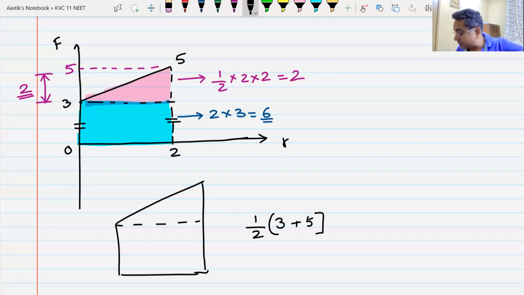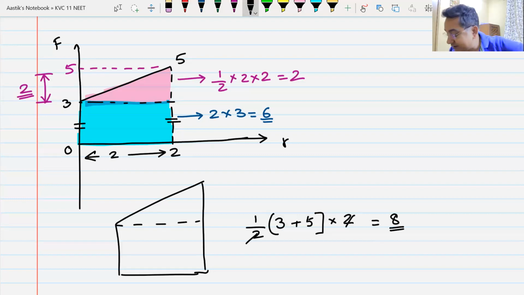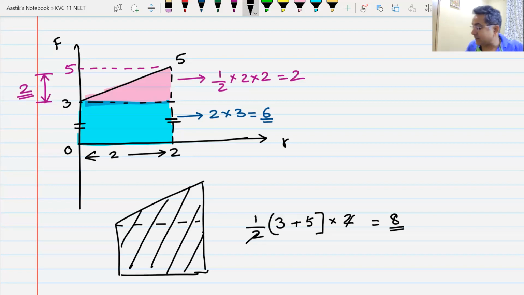Half into sum of parallel sides, 3 plus 5, into the distance between the parallel sides. The distance was 2. So 2 and 2 will get cancelled and straight away you will get the answer as 8. So you could have done it by the formula of the trapezium, or by breaking up into a rectangle and a triangle.